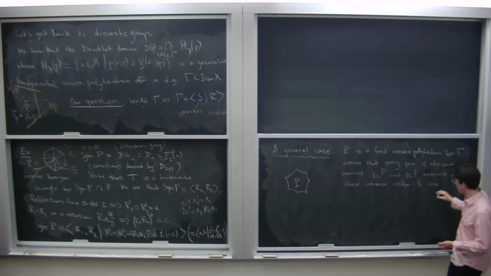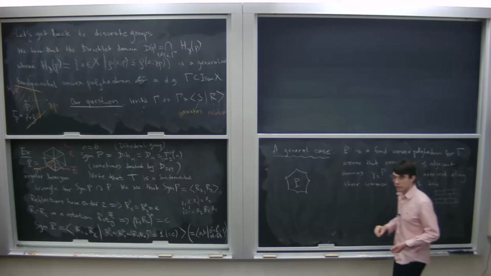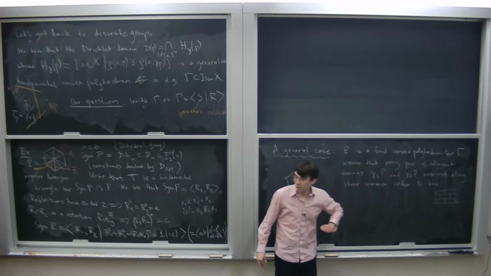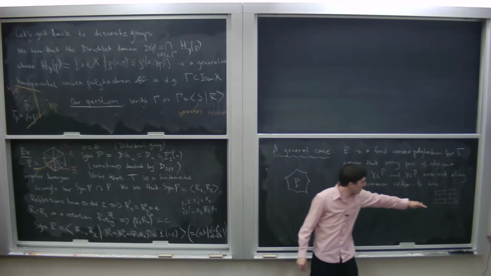Where can you get the problem? It can be the tessellation of this type. You see, this tiling of the plane gives you also a nice tessellation.